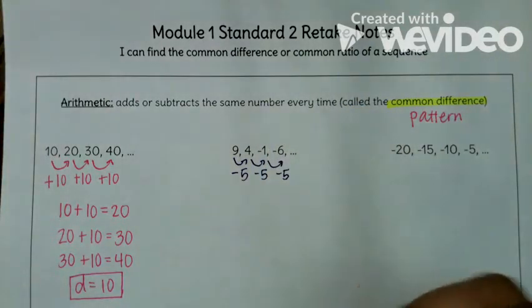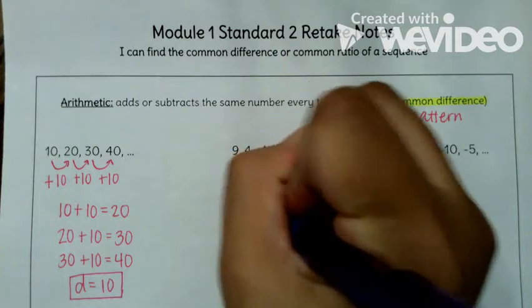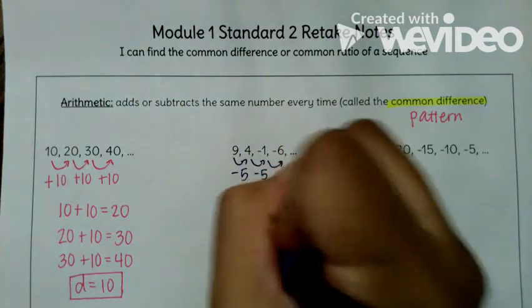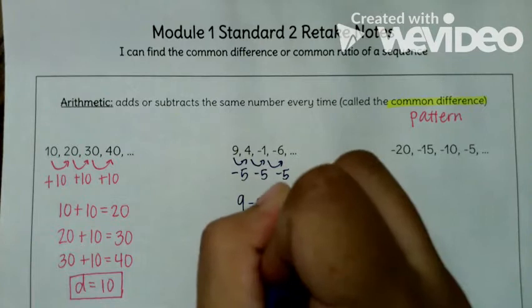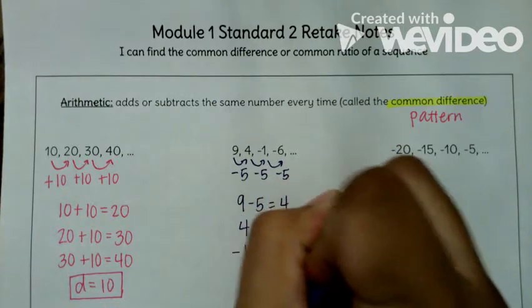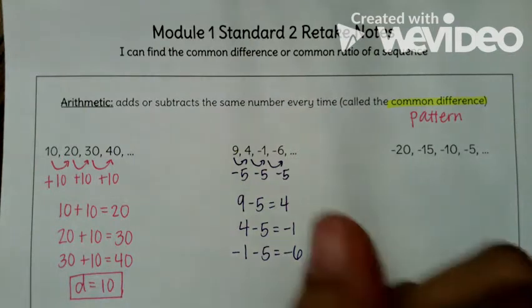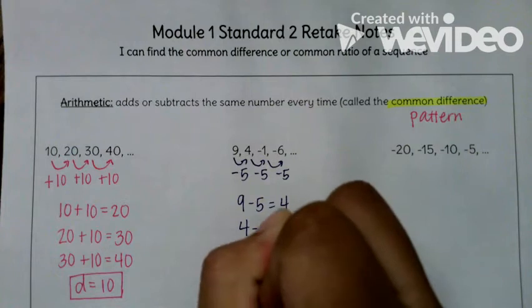And then just to double check, 9 minus 5 will give me 4. Then 4 minus 5 will give me -1. And then -1 minus 5 will give me -6. So every single time I am subtracting 5, my common difference is -5.